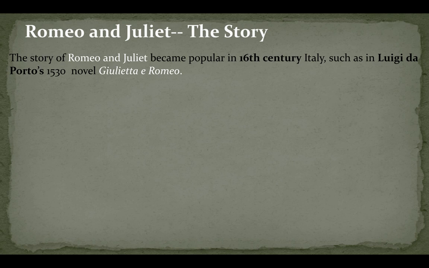Over time, the story of Romeo and Juliet became popular in 16th century Italy. And there was an author named Luigi da Porto, and he wrote a novel, Giulietta e Romeo, in 1530. So this is well before Shakespeare wrote Romeo and Juliet.